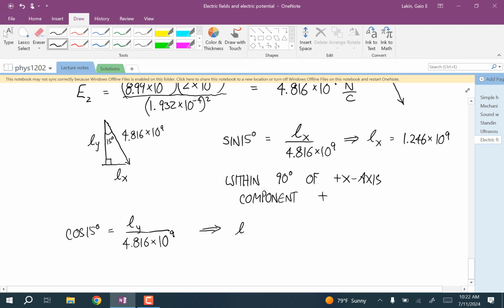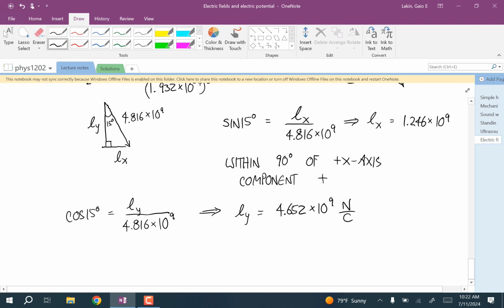And so Ly is equal to 4.652 times 10 to the 9th newtons per coulomb.